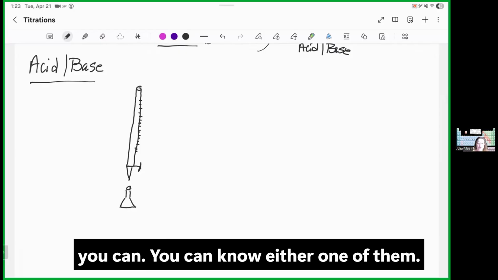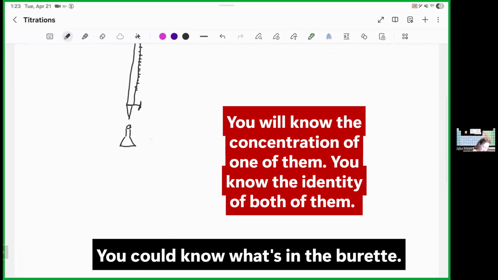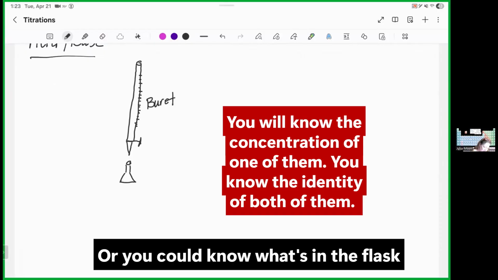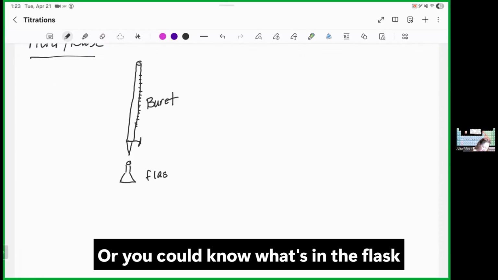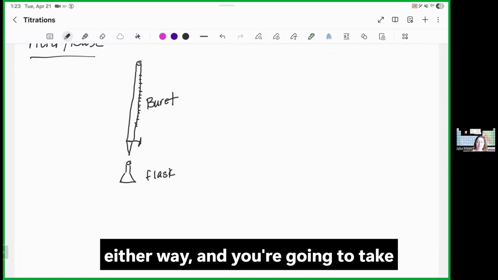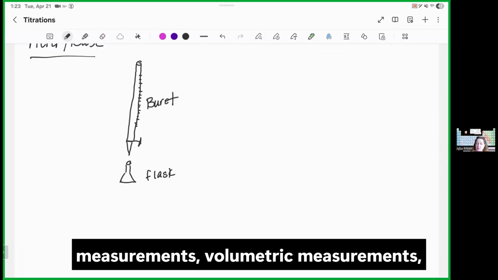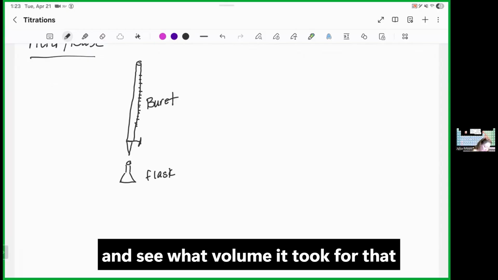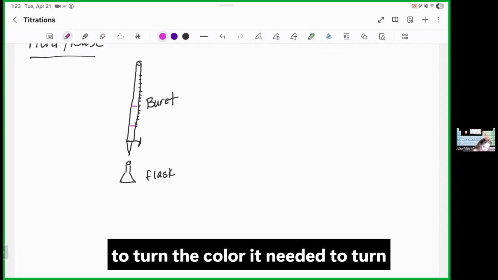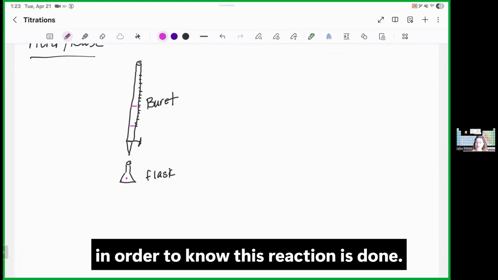You could know what's in the burette, or you could know what's in the flask, either way. And you're going to take volumetric measurements and see what volume it took to turn the color it needed to turn in order to know this reaction is done.